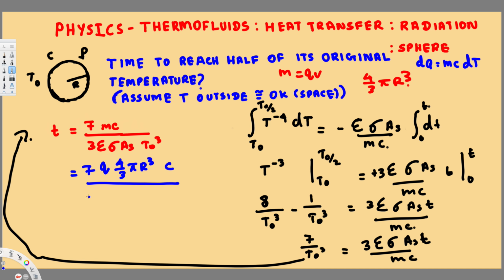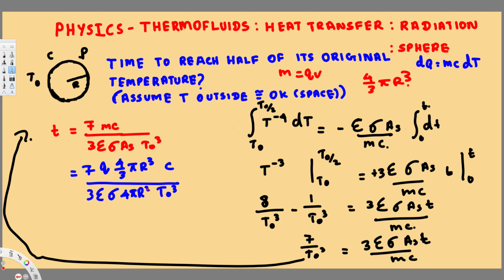And in the bottom, we are going to have 3 epsilon sigma. Instead of surface area, for a spherical shape the surface area is 4 pi r squared, so instead of writing A_s, I can write 4 pi r squared right here. And then we are going to have T naught cubed. Now let's cancel everything we can cancel.